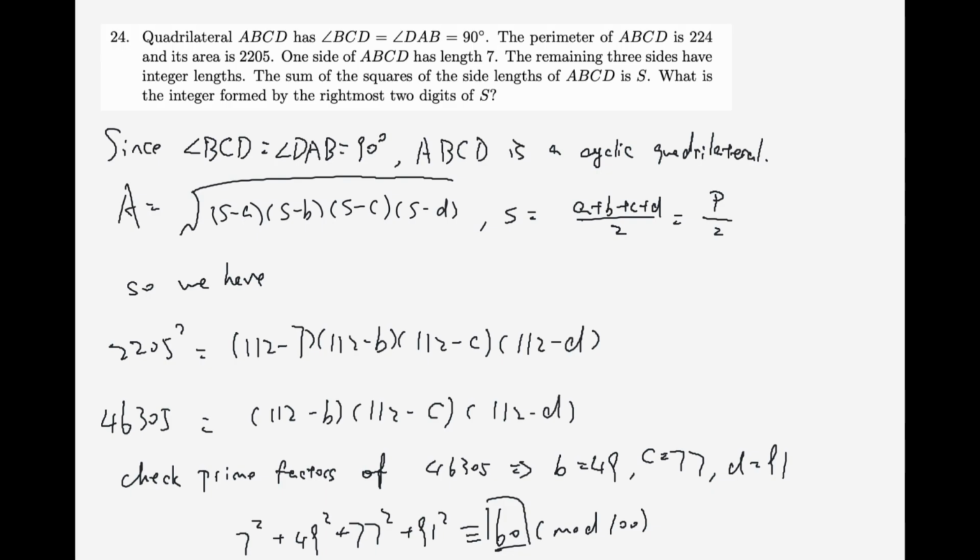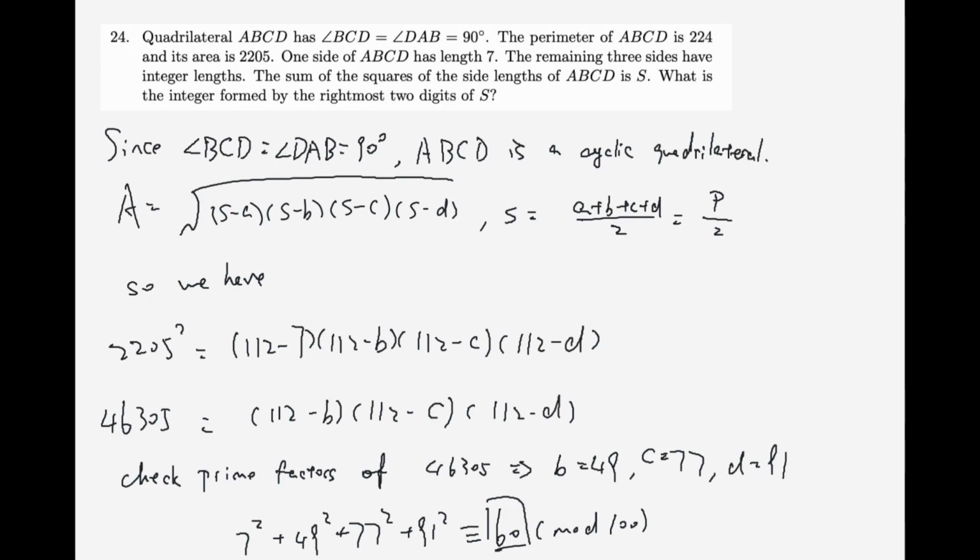So we can apply the area formula for a cyclic quadrilateral, which is A equals the square root of (s minus a)(s minus b)(s minus c)(s minus d), where s is equal to half of the perimeter.